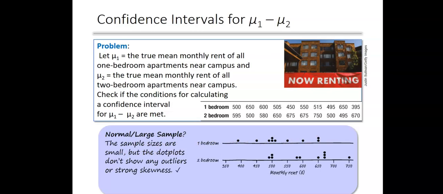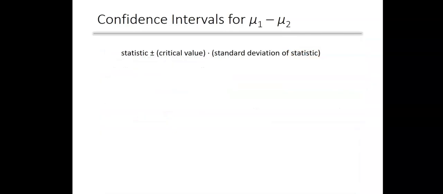We're not looking for it to be approximately normal. We don't have enough data for that, but we are looking for no major skewness, no outliers. And both of those look okay. They're not perfect, but they're somewhat spread out, somewhat symmetric, so we're going to go with it. Passes the test.